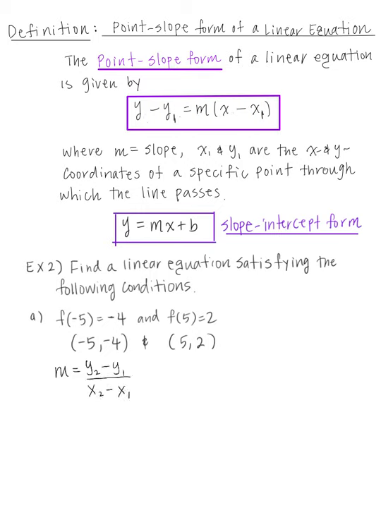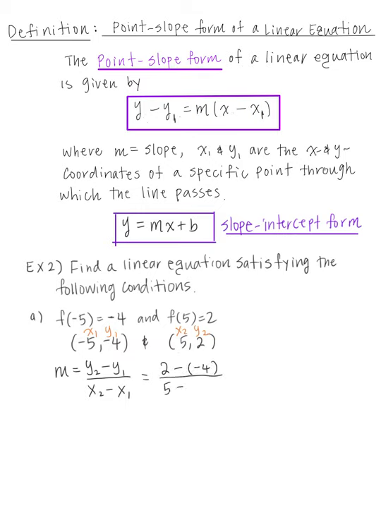It doesn't matter which one you call x1 or x2, but let's just go in order. I'm going to call this one x1, y1, and then x2, and then y2. So if I follow that, then I'm going to have 2 minus negative 4, whole thing over 5 minus negative 5.